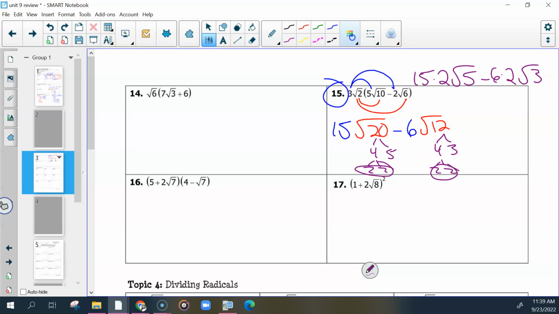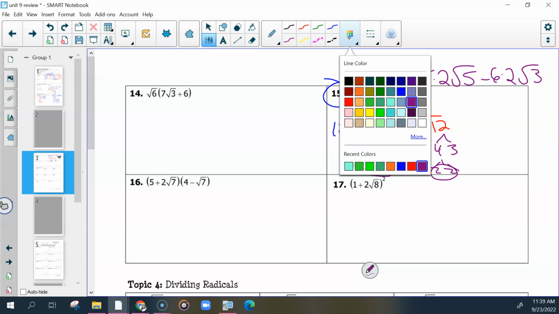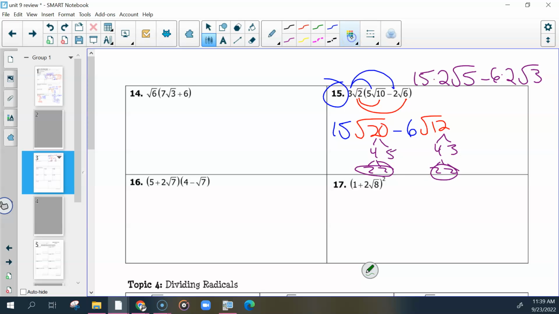Multiply and see if you can simplify. What would our final answer be? Thirty times the square root of 5 minus 12 times the square root of 3.